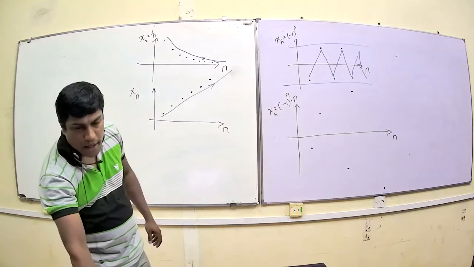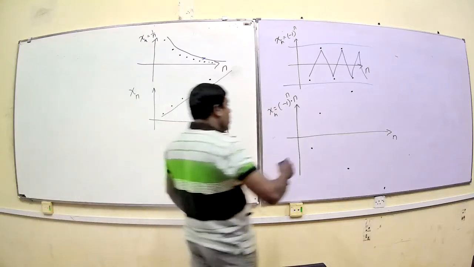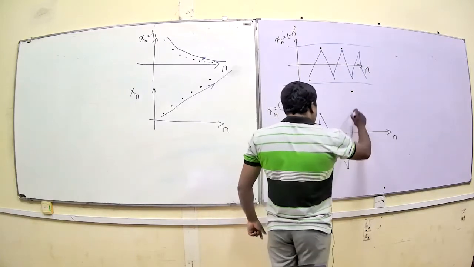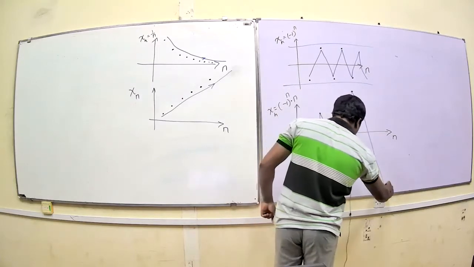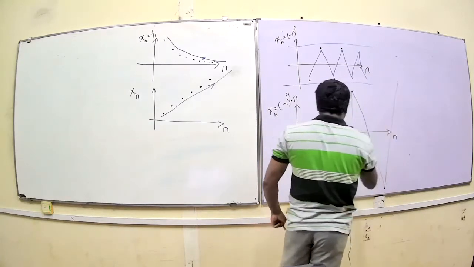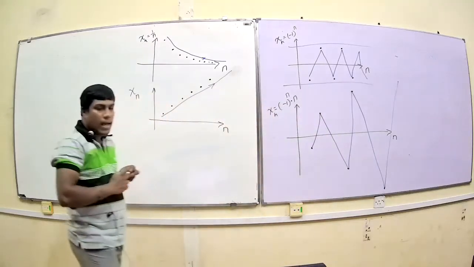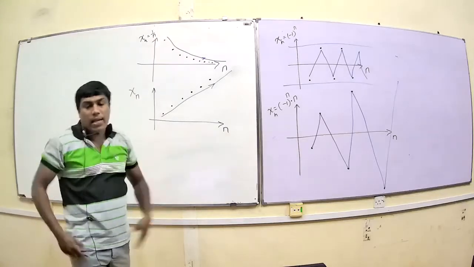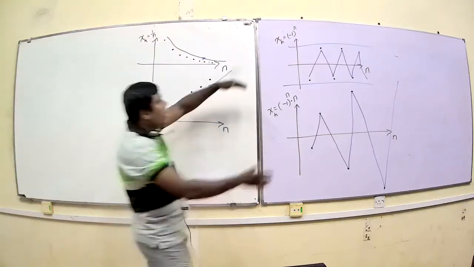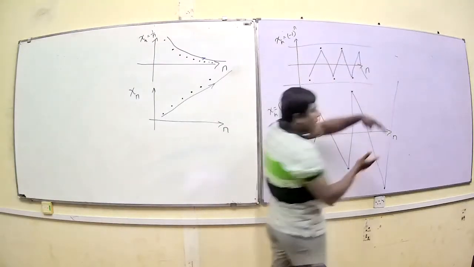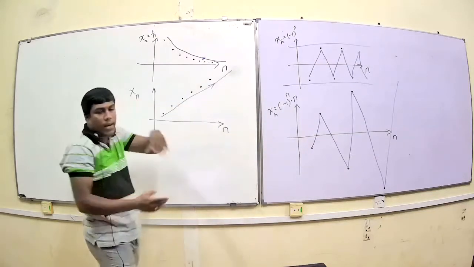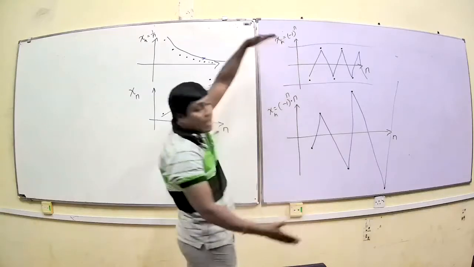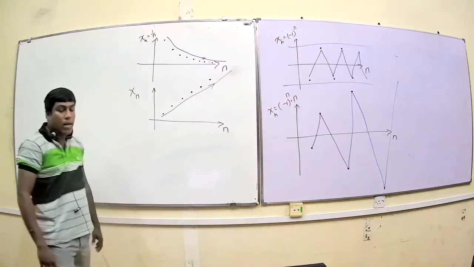So in this case, the sequence is going from here to here, all the way there. It is oscillating, but it is expanding as n gets larger. In the previous case it oscillates but does not expand; it is the same shape. Here it is oscillating and at the same time expanding as well.